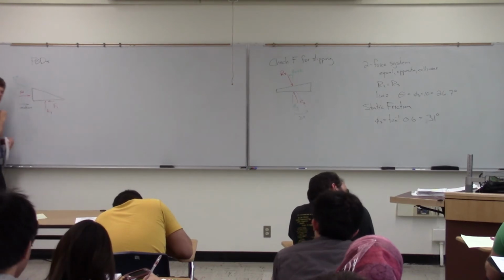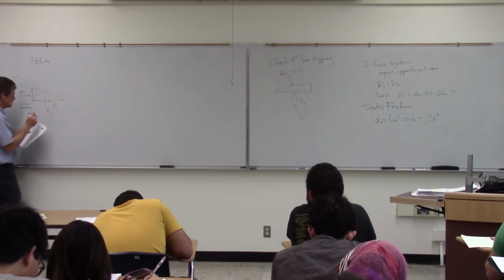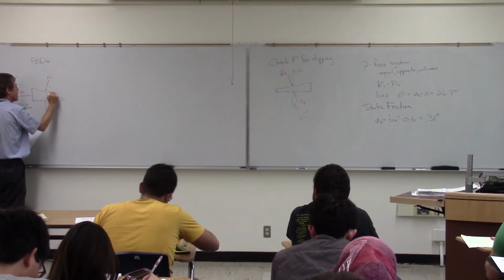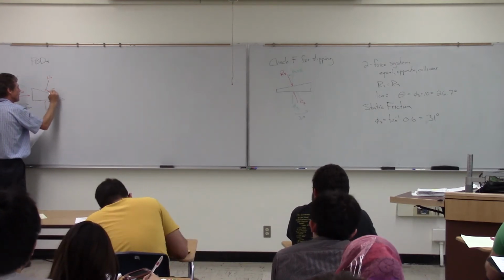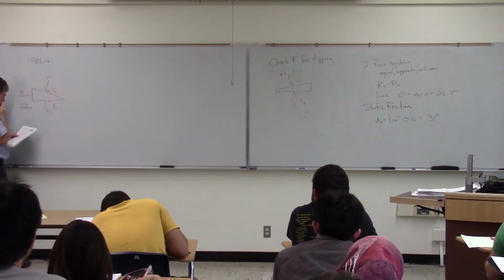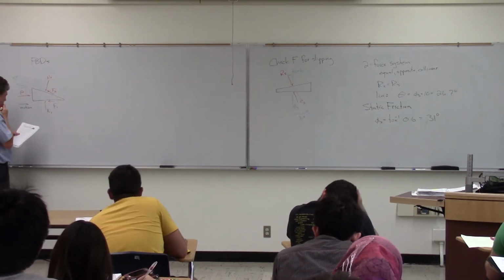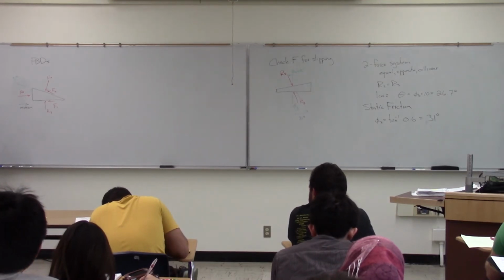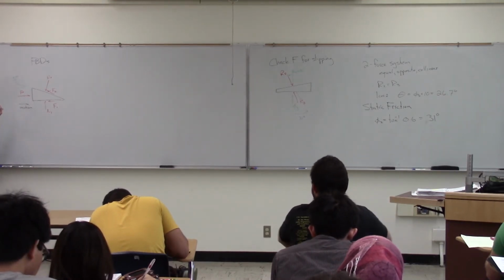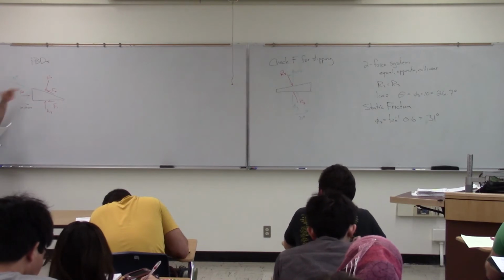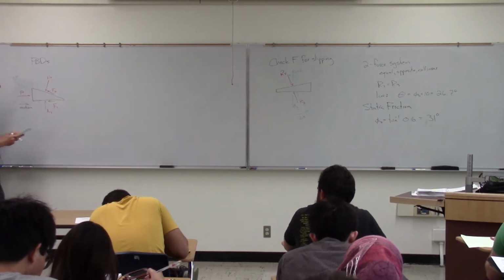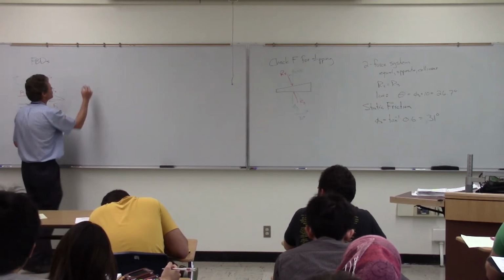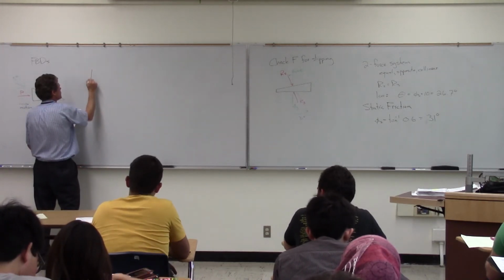So I'll draw my friction force now countering that. Okay, so when we draw that, we realize, okay, I've got three forces there, nothing's known. So basically, I don't have anything I can do with it quite yet. So we continue drawing free body diagrams here.